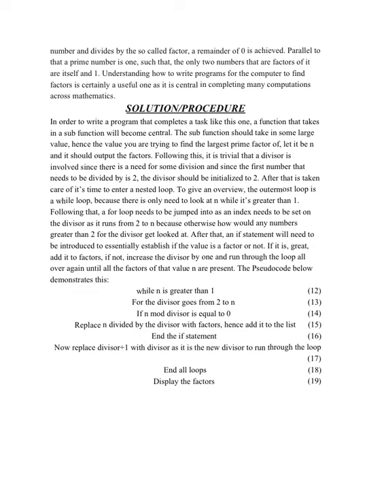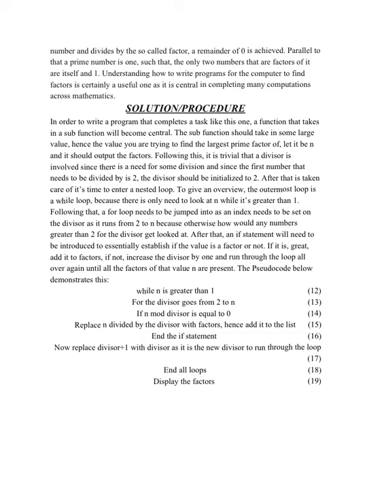If n mod divisor is 0, meaning when I take that n and divide by divisor, I get out a whole number, I want to replace n with n divided by the divisor, and add that divisor to the list of factors, and then end the if statement. Why do I want to do this?